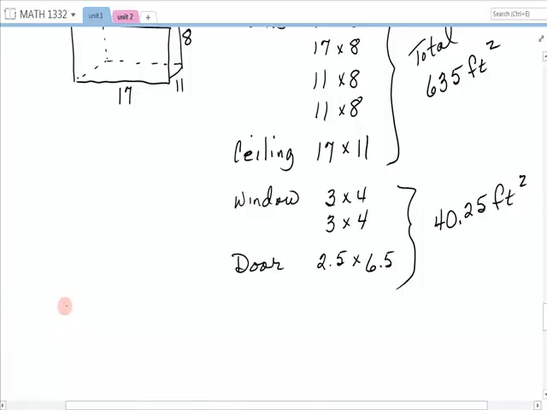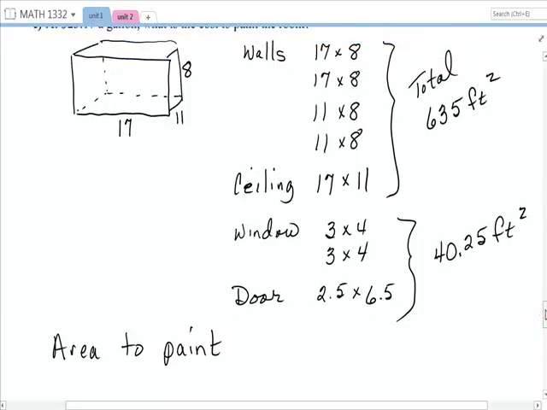How will I figure out area to paint? Won't I subtract?